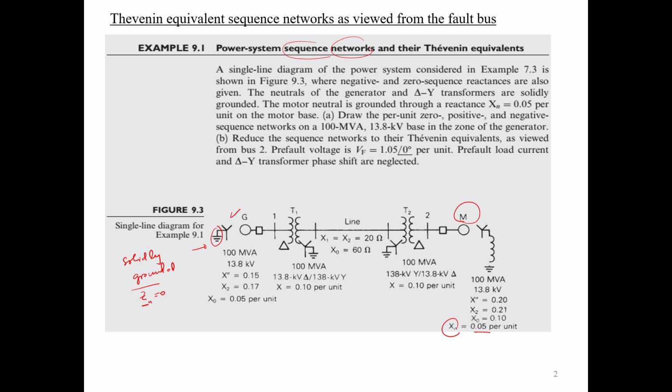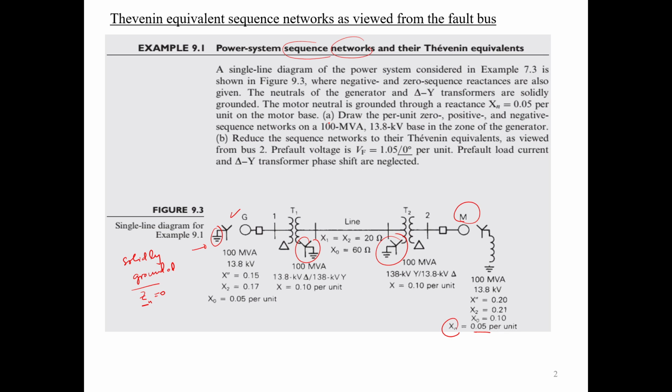The neutral of the generator and the delta and Y transformers are solidly grounded, and the neutral of the motor is grounded through the reactance based on the motor base.